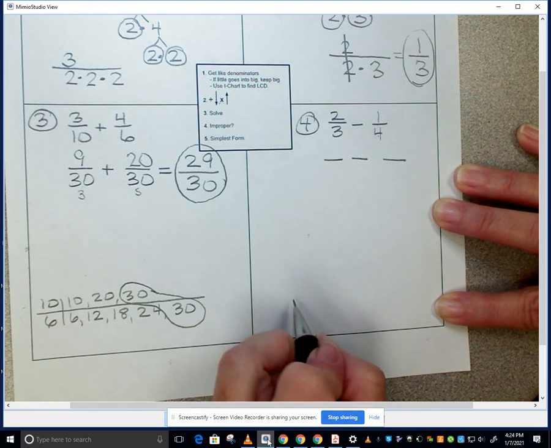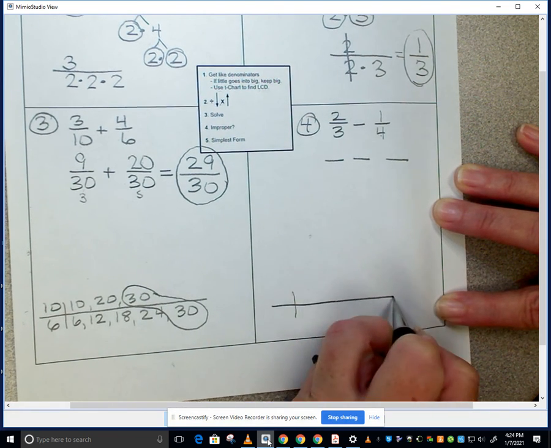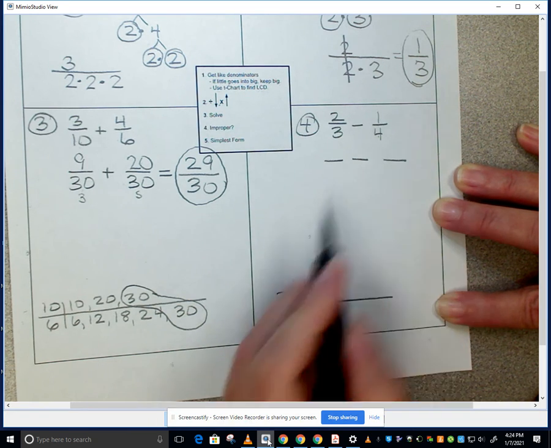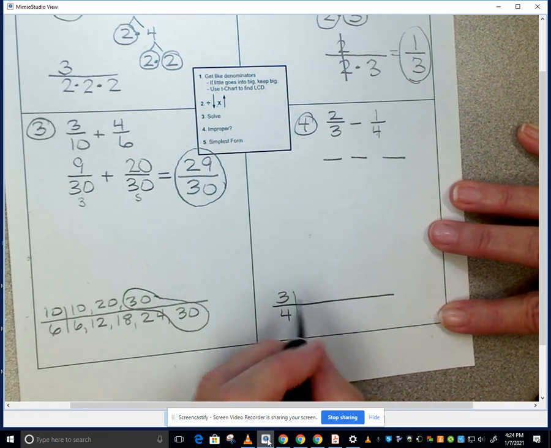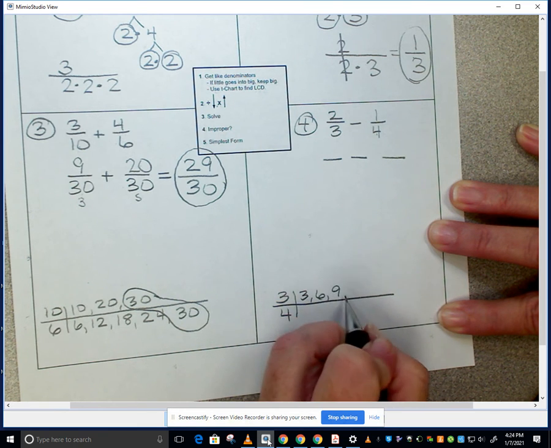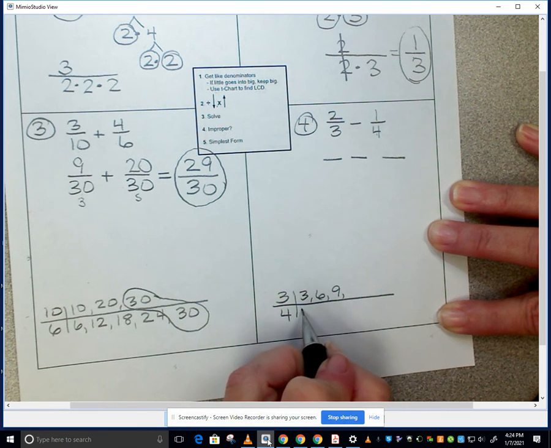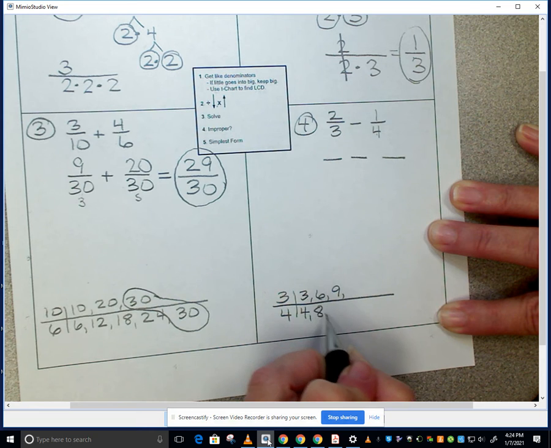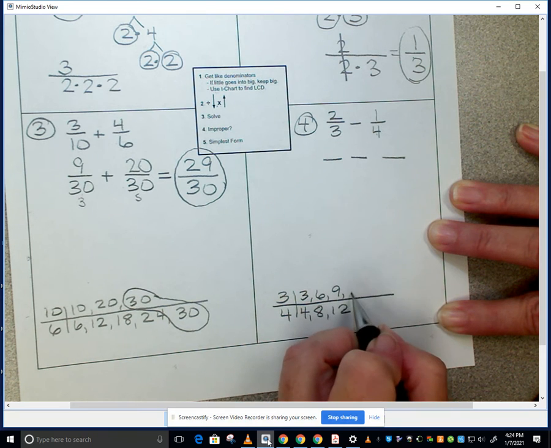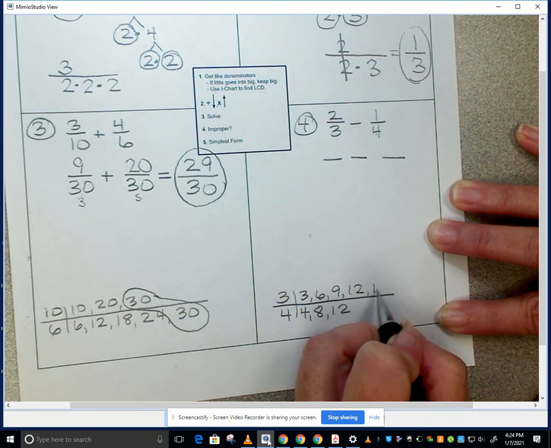So let me come to a T-chart, and I'll put my 3 here and my 4 here. And let me do a few for 3. 3, 6, 9. And I'll do a few for 4. 4, 8, 12. I still don't see a match. Let me do some more for 3. 12, 15.